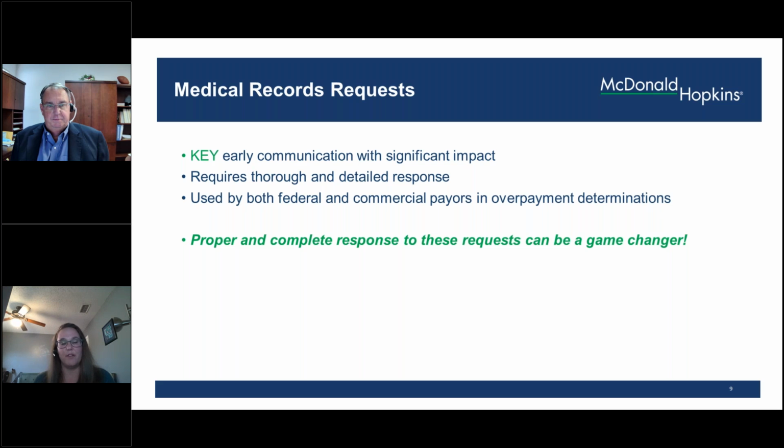Payers, both federal and commercial, will use these reviews and the denials that come from it to make their determination as to the overpayment amount.